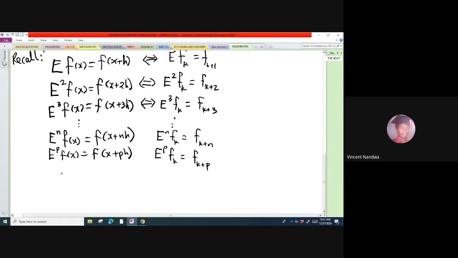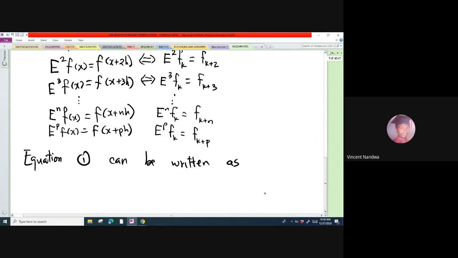Equation 1 can be written as f of x equals f of x naught plus ph, which is the same thing as E raised power p of f of x naught.